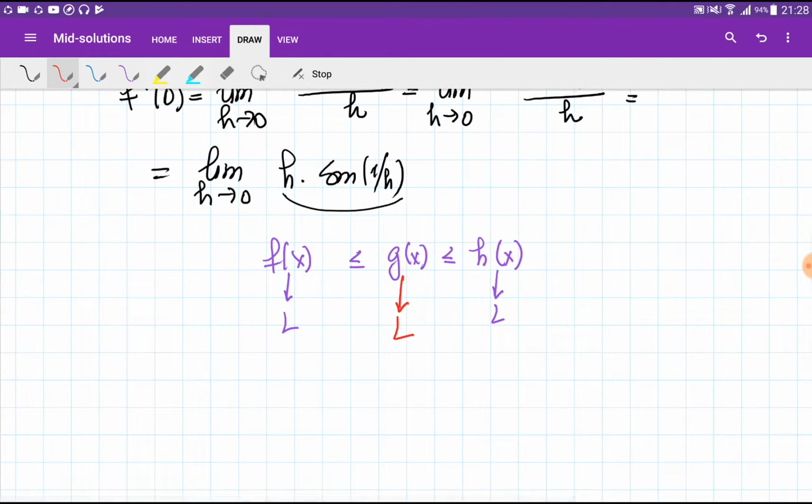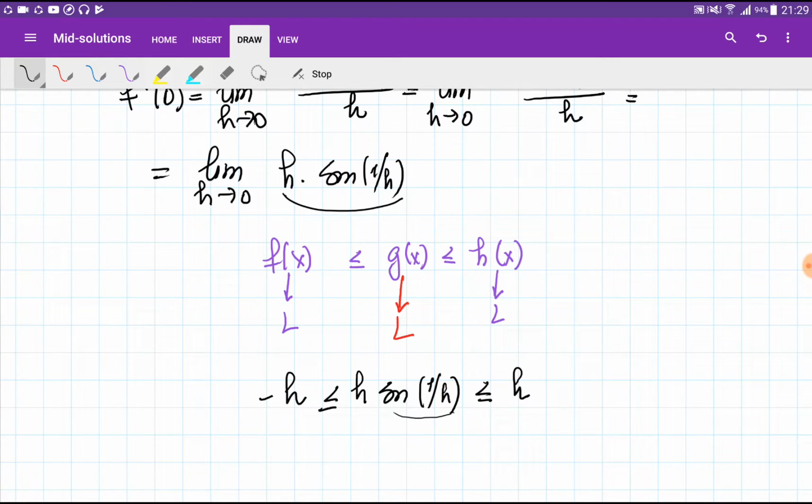So our function g is h multiplied by the sine of 1 over h, which is always less than or equal to h, and this is always more than or equal to minus h, right? Because of this sine.